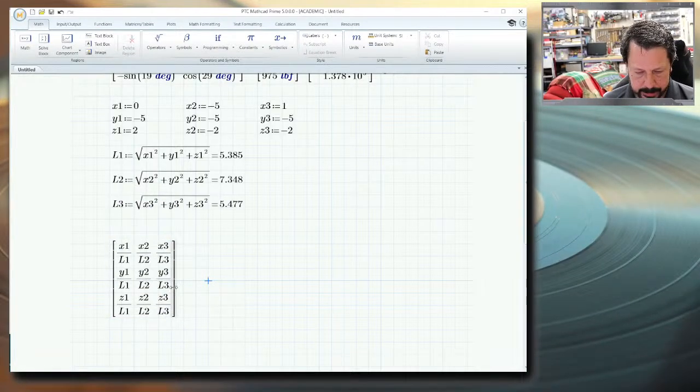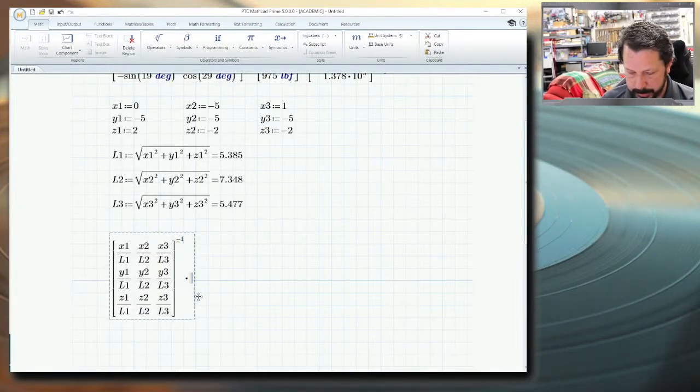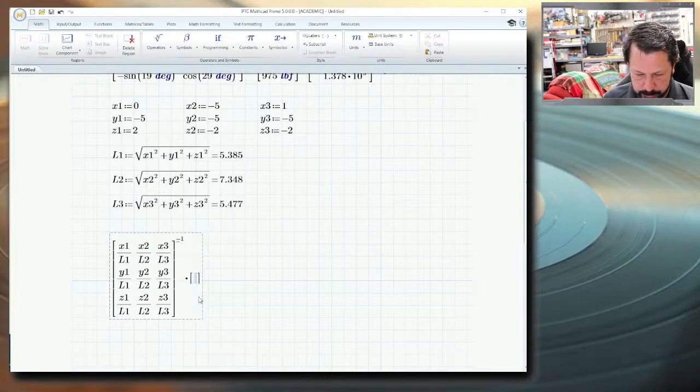We need to raise this whole thing to the -1 power, and then multiply the whole thing times a new matrix. Control M creates matrices in this version of MathCAD. 0, 0, and 1125.